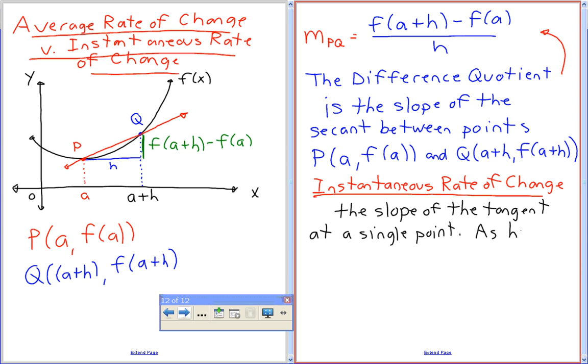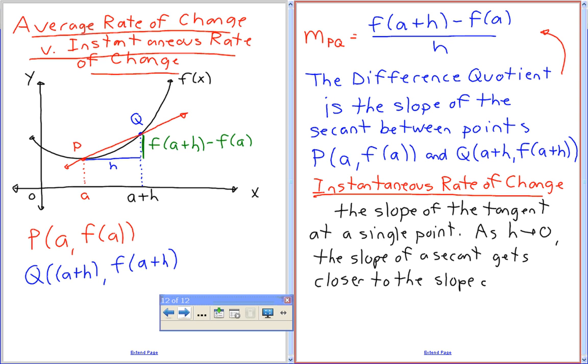As h approaches 0, the slope of the secant gets closer to the slope of the tangent. I'm going to pause on the video and then I'll let you guys ask questions if you need to.